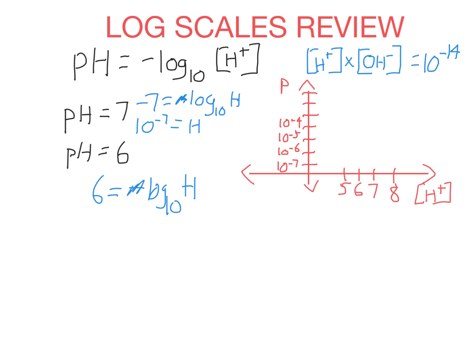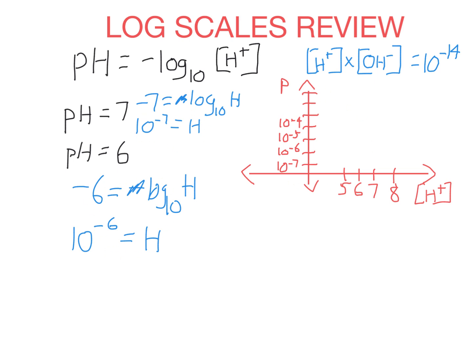We can times each side by -1, raise 10 to the power of each side, and we see that a substance with pH 6 has hydrogen ion concentration of 10 to the -6. So that means the concentration here would be 10 to the -8 of such a substance in water. So this number is actually 10 times this number here. This has 10 times more hydrogen ions than this here.